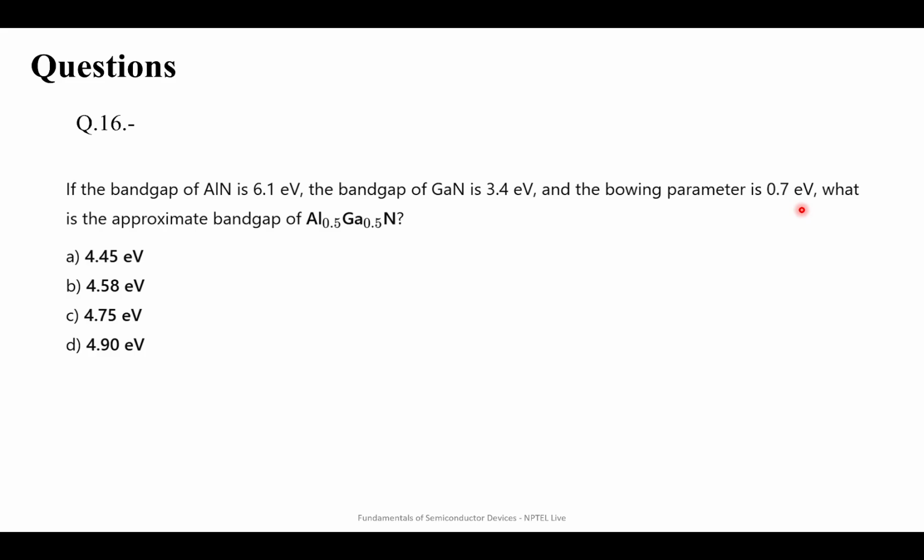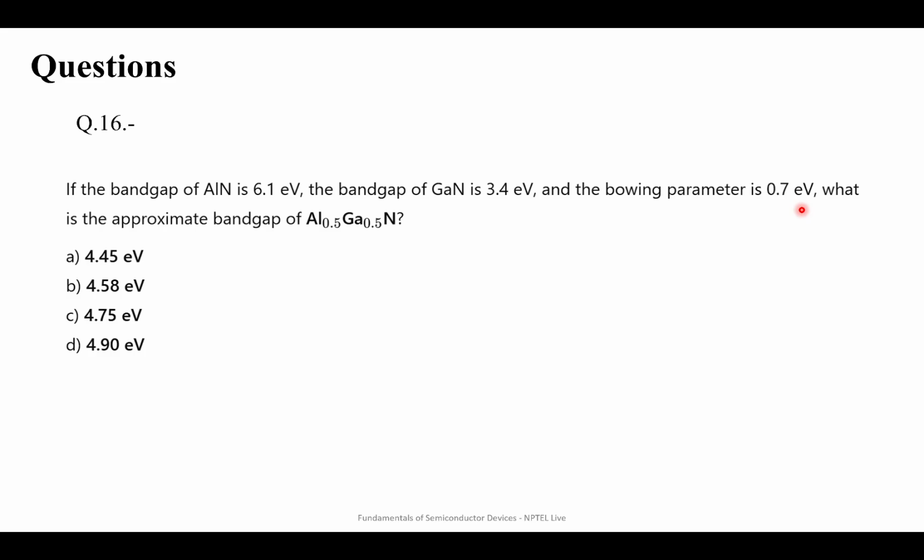So it's 2.5 and 2.7. It's 4.65, sir, without the bowing parameter, and with 2.7 and 1.5, sir, if we use the bowing parameter, it will be 4.45, sir.